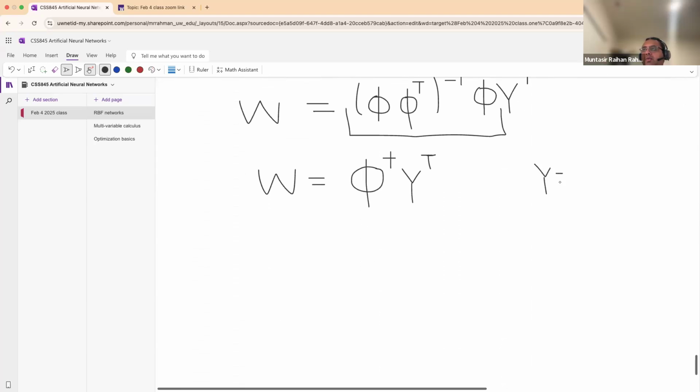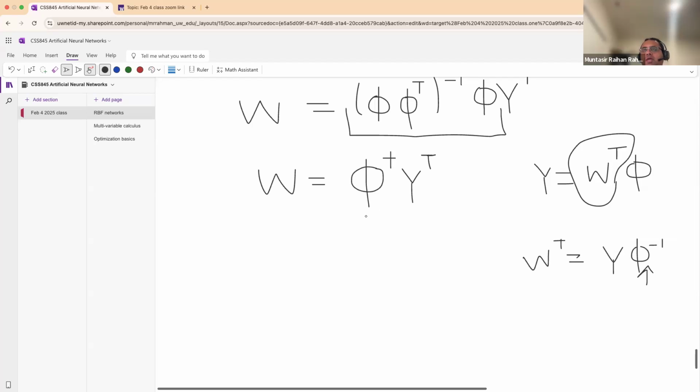We are computing y equal to W transpose phi. And from here, if you check the dimensions, this is not a square matrix, right? So we cannot really recover W from here, like we cannot do something like W equal to y phi inverse, because phi is not square. So we can't really do that.